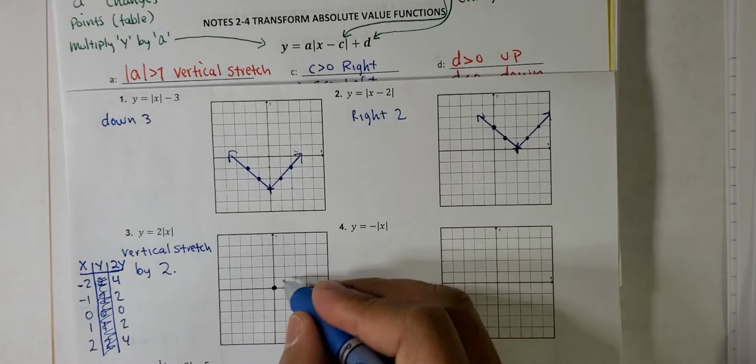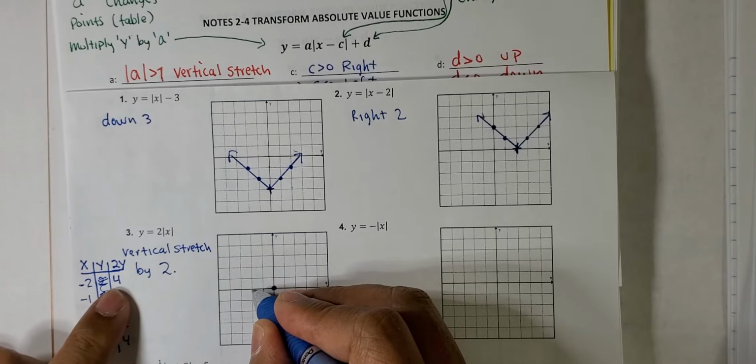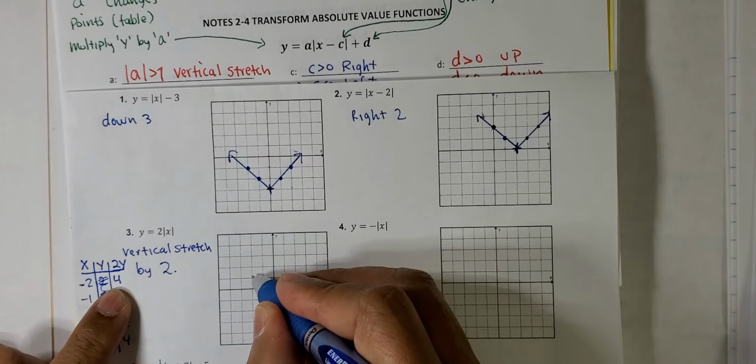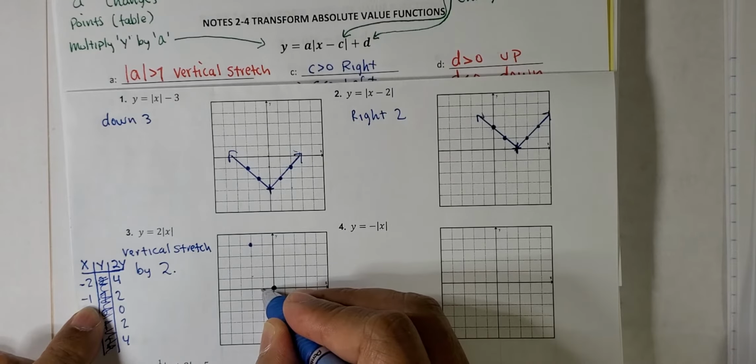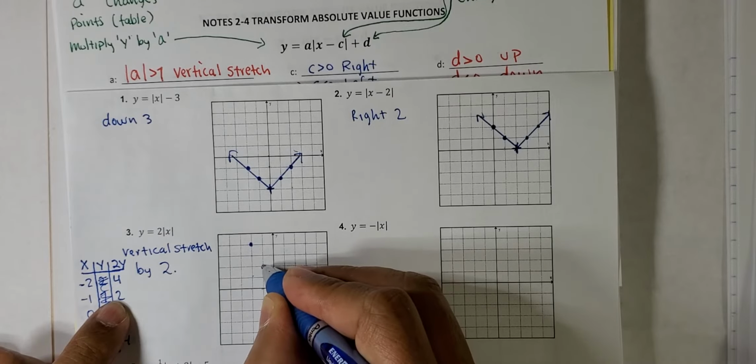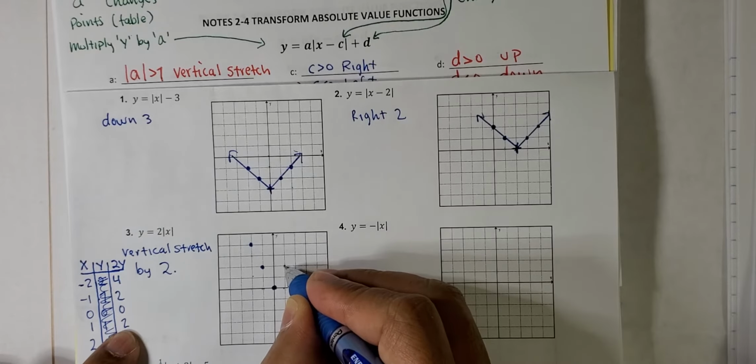So then this is going to be right at the origin, so the vertex didn't move left, right, up or down. And then if I go left 2, I need to go up. Now it's going to be 4. So 1, 2, 3, and 4. And if I go left 1, up 2. And there is that other point. This is the origin, so that's the vertex. And then right 1, up 2.